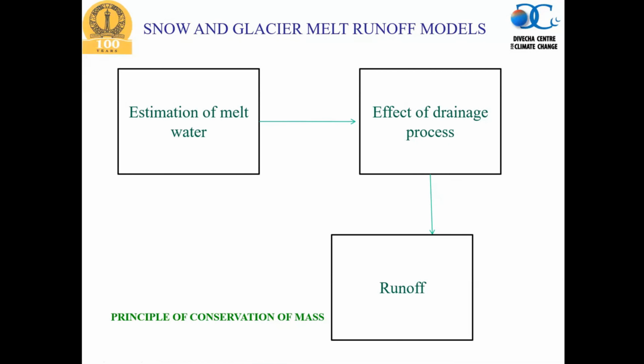Some of that meltwater will drain through the snowpack, through the soil, and on the surface it will run off, and then it will come as the runoff eventually. And in between, you have to have the principle of conservation of mass. That means the amount of snow available for melt cannot exceed the runoff. So that conservation of mass has to be included. This is the general idea of snow and glacial melt runoff.